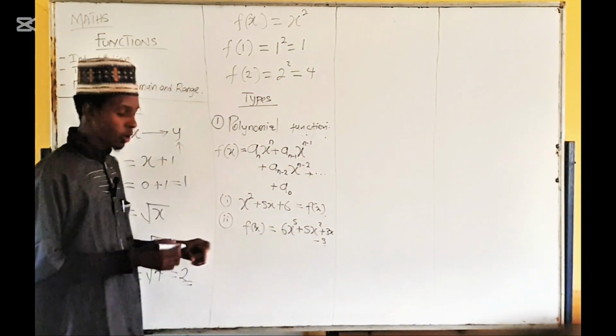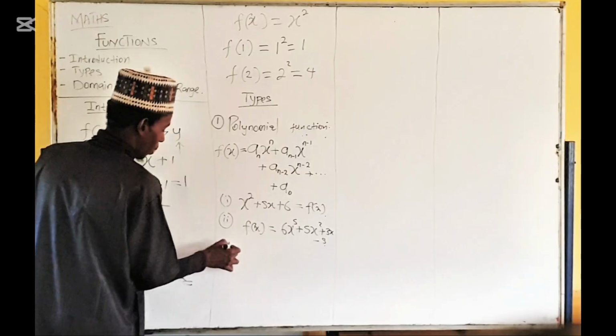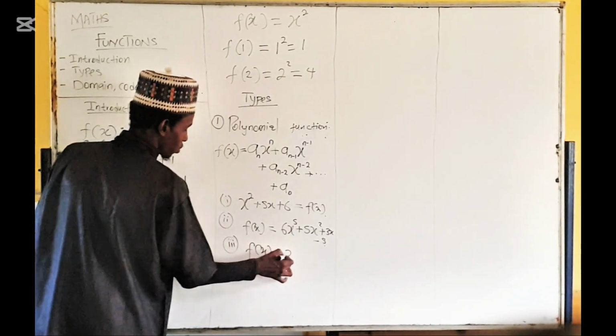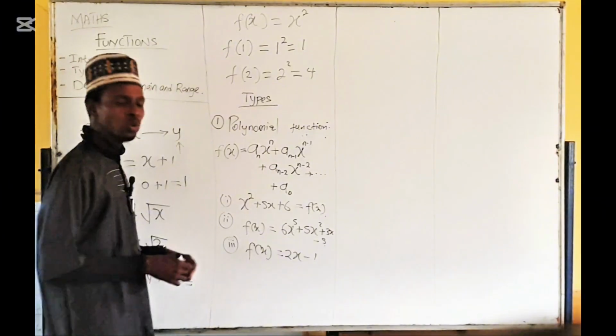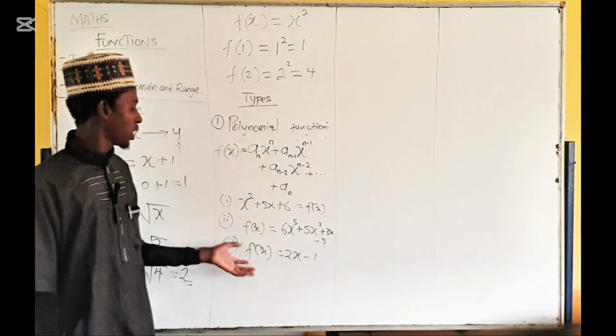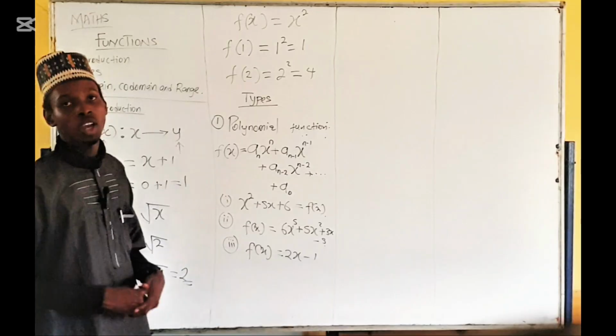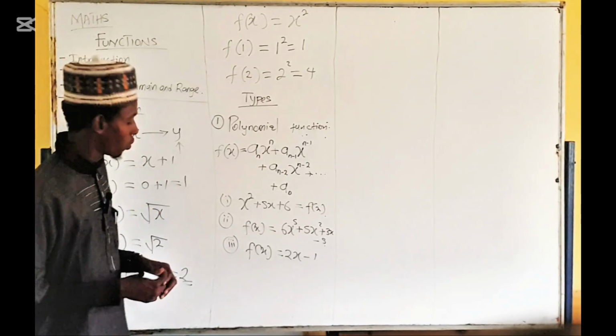This one is also a function. And also, if I see f of x is equal to 2x minus 1, this one is also a polynomial function. So any kind of function that you see in this format is a polynomial function, and it is among the types of function we have.